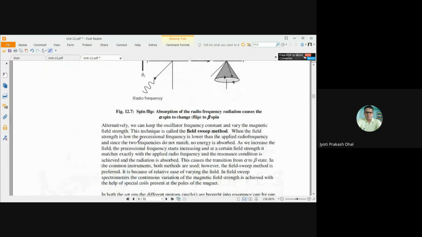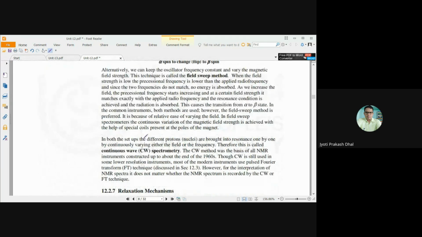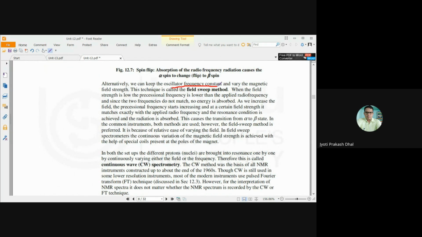Alternatively, we can keep the oscillator frequency constant. So the second way to get the resonance is to keep the frequency constant and vary the magnetic field strength. This technique is called the field sweep method. When field strength is low, the precessional frequency is lower than the applied radio frequency, and since the two frequencies do not match, no energy is absorbed.